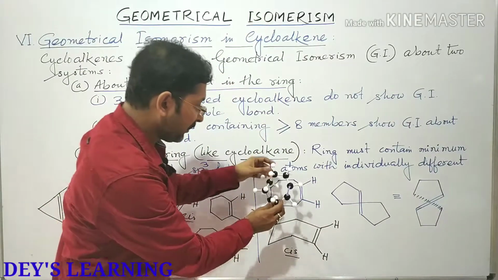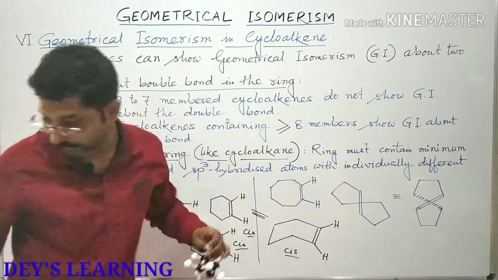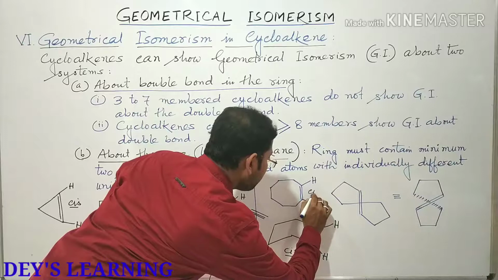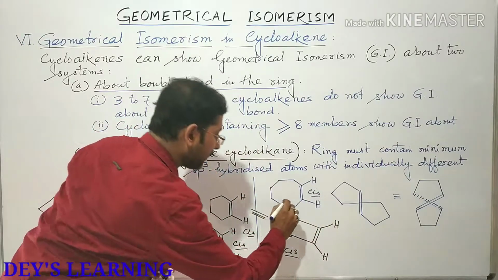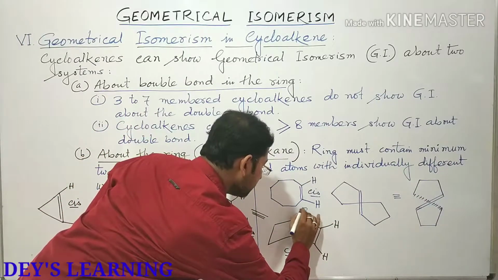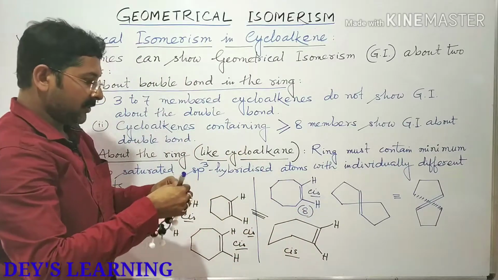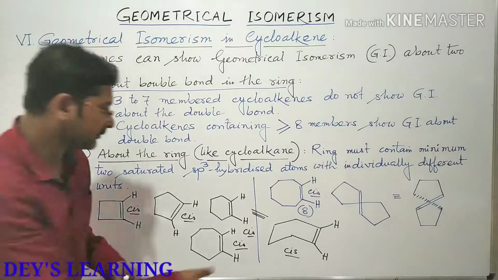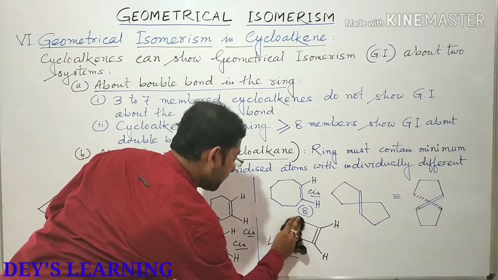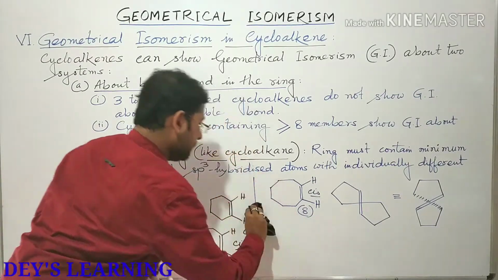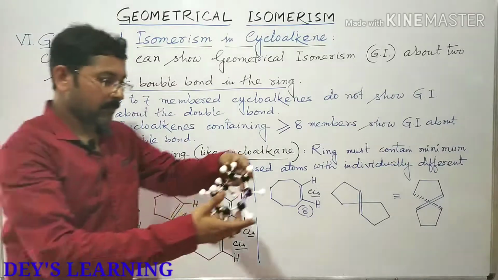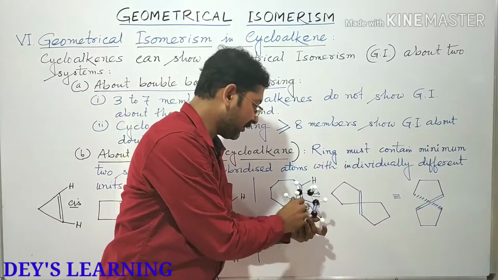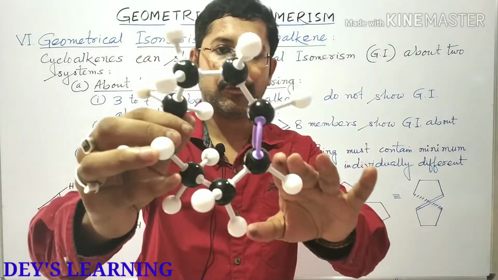These two are cis. This is an 8-membered ring. These two hydrogens exist in the cis conformation. Okay. Look at here. This is from this view. These two hydrogens are actually cis.